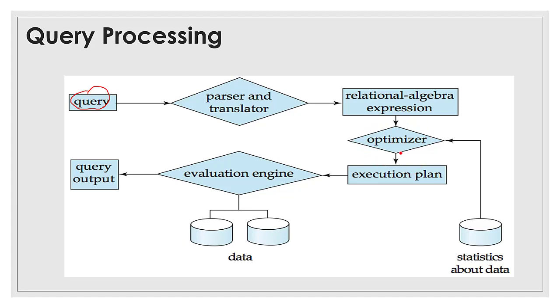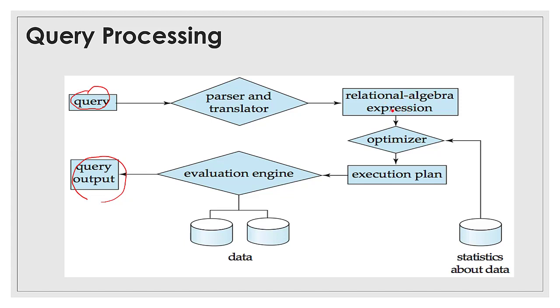Now, when the optimizer generates an execution plan, that execution plan will go to the evaluation engine, and the evaluation engine will work on the actual data and produce the output for our query. So the query will go to the parser and translator for error checking, and the parser translator will translate the query into a relational algebra expression or different execution plans.